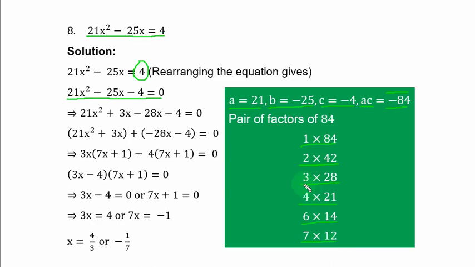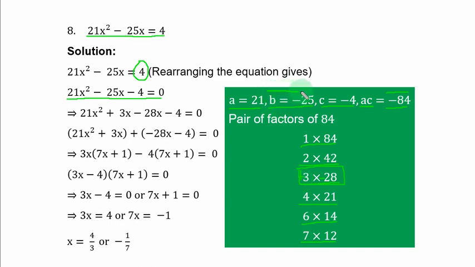Critical looks reveals that this pair of factor will satisfy the required condition if 28 becomes negative and 3 is positive, because plus 3 minus 28 is minus 25.